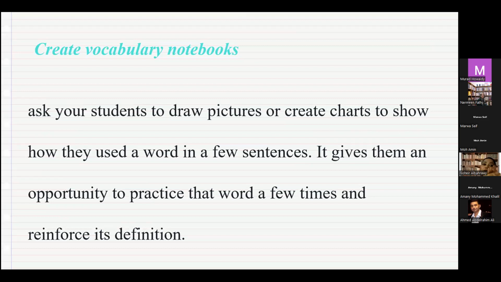You can ask them to please share your notebook with your colleagues, or your partner, with your groups, to exchange ideas, to read more sentences, to find more synonyms and antonyms, to know how to use the word effectively and correctly in a sentence. All these techniques and tips can be used in only one technique: create a vocabulary notebook. So you have the freedom to adapt the techniques according to your students' level and age.